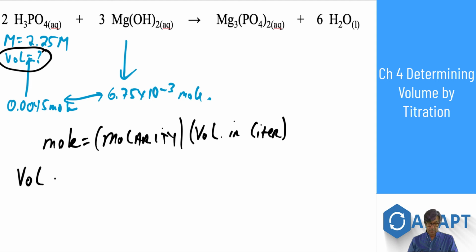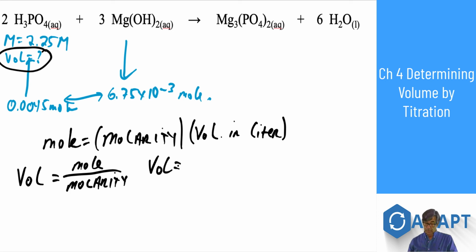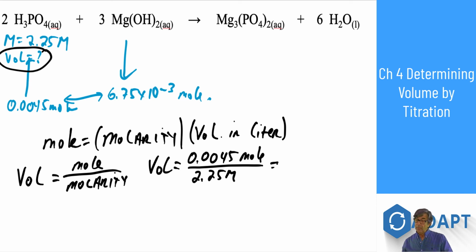So the volume will equal the moles divided by the molarity. So the volume will equal 0.0045 moles, divided by the molarity of the phosphoric acid, which was 2.25 molar.